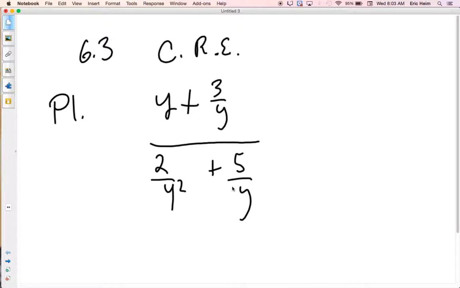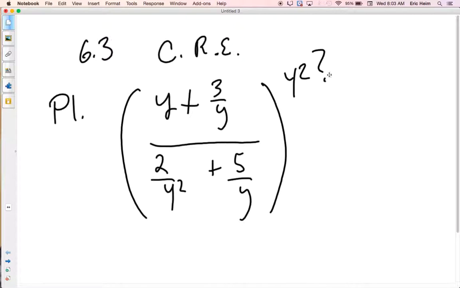Now you also have written something else on the side that says y squared, but I'm not sure if that was in the original problem. You also have written on there LCD equals y squared. Again, I'm not sure if that was written that way in the original problem or something you wrote.